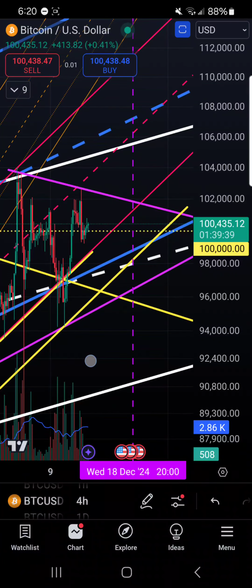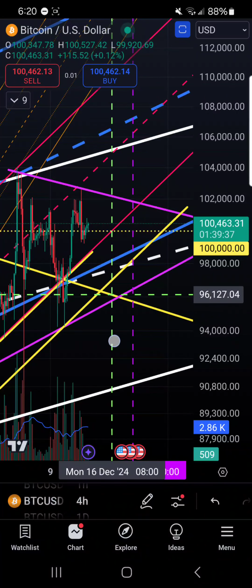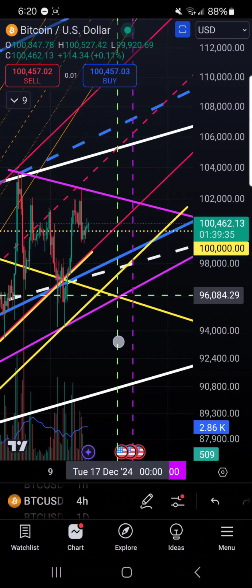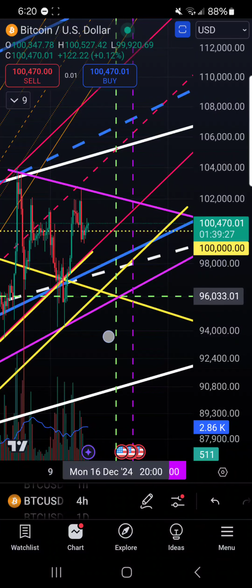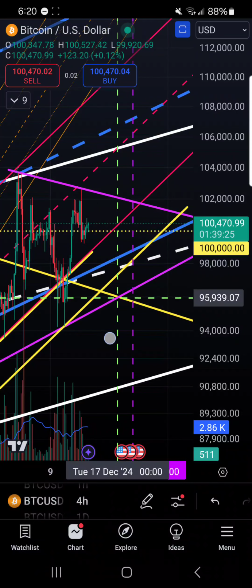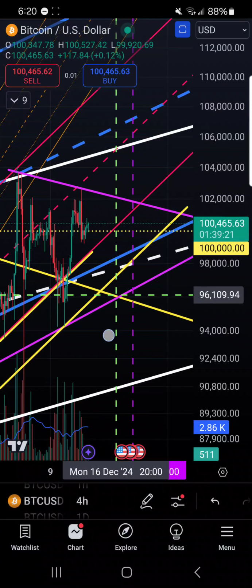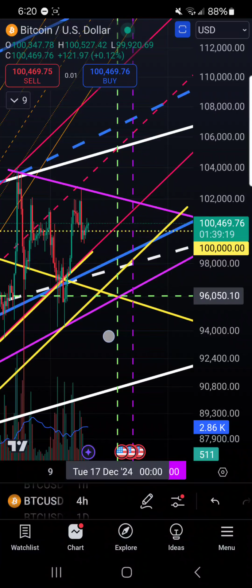So, do we come all the way back down to the pink line here? And that would be at 95.9 possibly by next Tuesday. Maybe we do. It doesn't sound good to me.